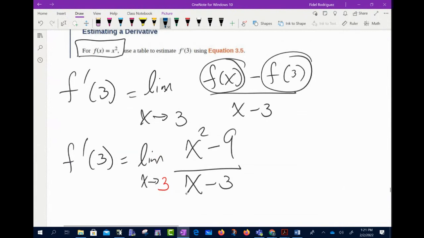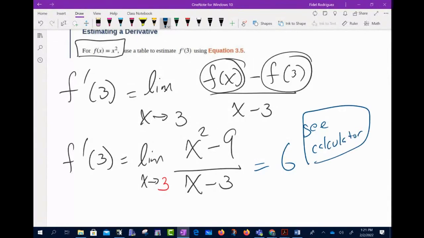And I'll even put it right here. This is equal to 6, right? That's right. Okay, but remember, that's what we're approaching.